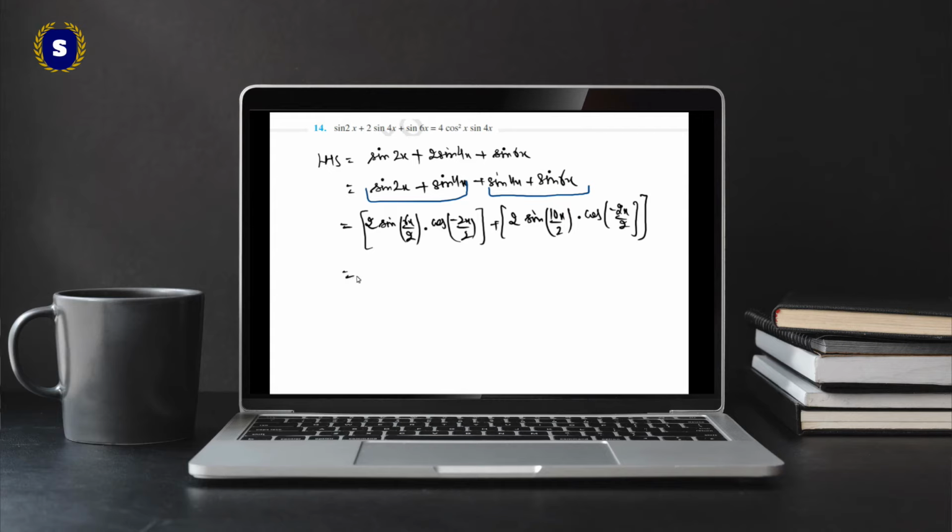Okay, this will be 2 sine 3x cos minus x plus 2 sine 5x cos minus x, right? Or we can say it is cos x only, because negative angle in cosine doesn't matter.